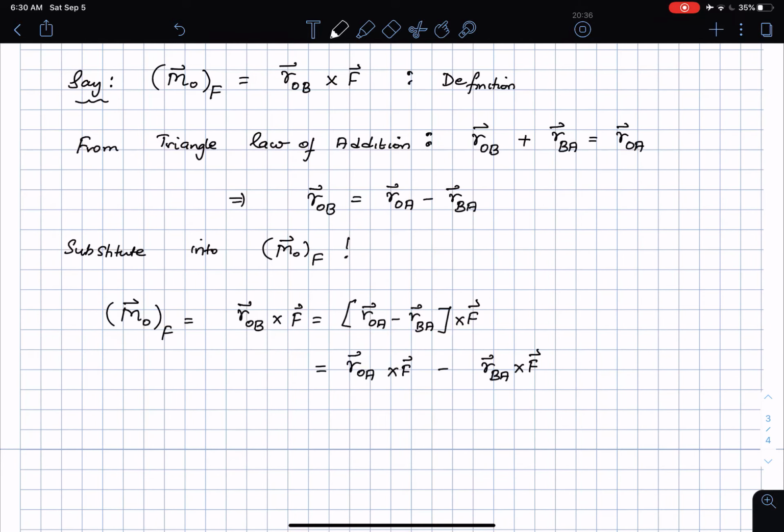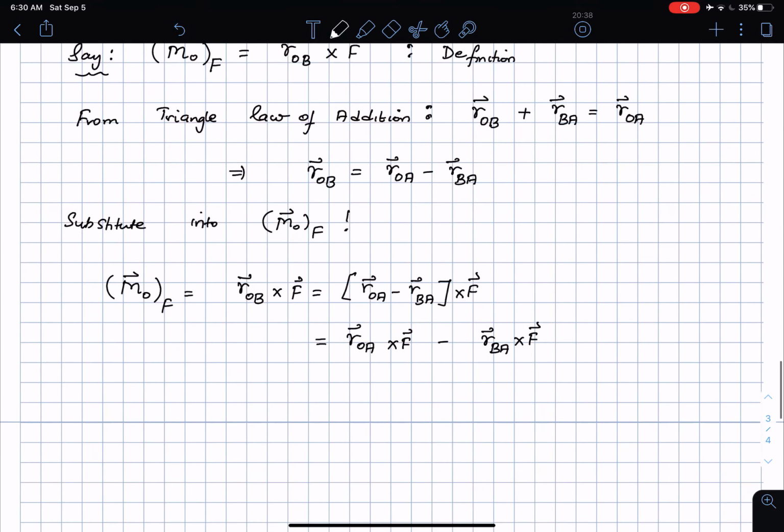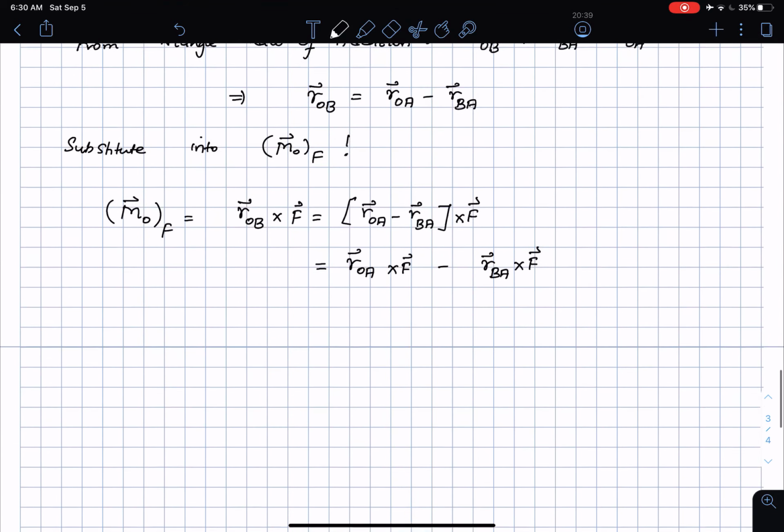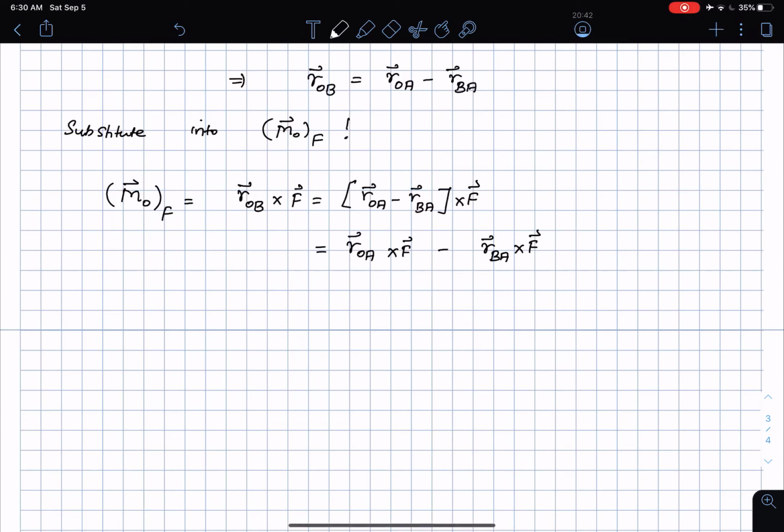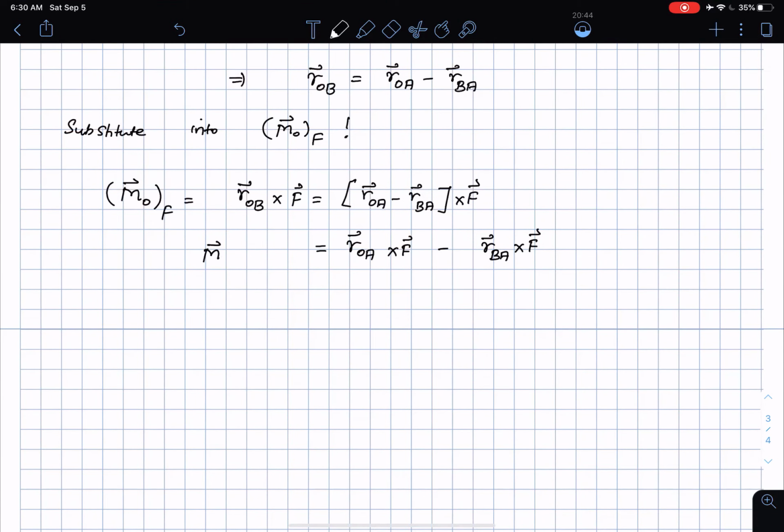But you got to think, by definition, so this is the moment about O of F. But by definition of cross product, if two vectors are coincident, their cross product is 0 because the angle between them is 0.